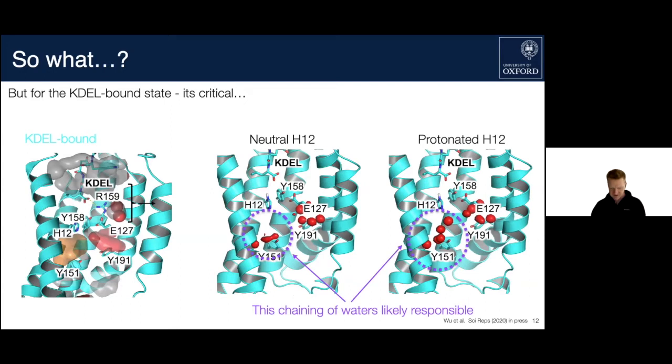In the neutral state, there are maybe 2 or 3 waters that sit in this configuration here. But in the protonated state, you get quite a lot of chaining of about 2 or 3 more waters that like to sit here. And this is probably where all this extra energy comes from. The protonated histidine 12 allows you to form most of these additional hydrogen bonded waters here.